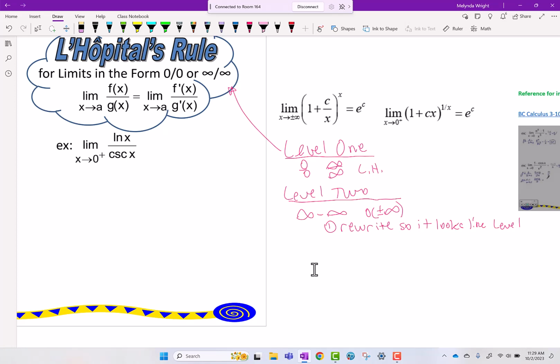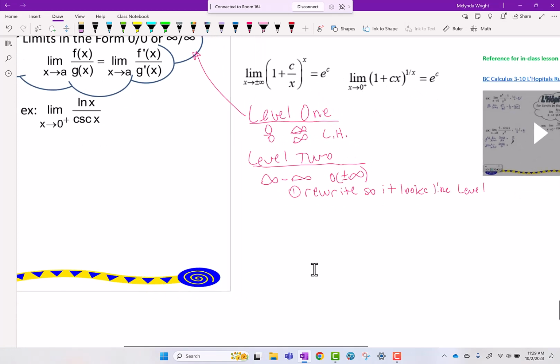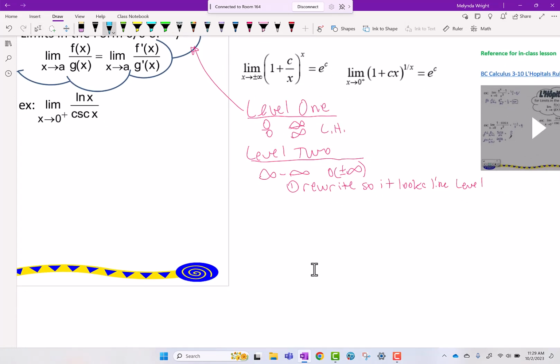So let's talk about the ways that we would rewrite. For this kind, typically the way that we would rewrite would be to find a common denominator. Many times that fixes the issue and then it puts it back into a 0 over 0 or infinity over infinity situation.